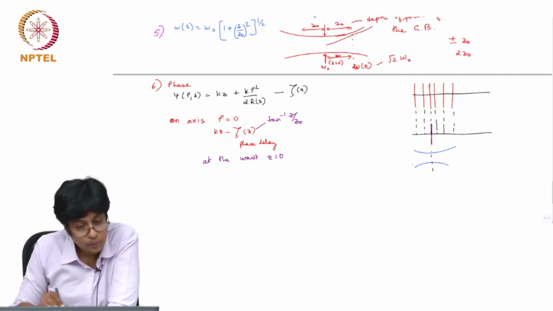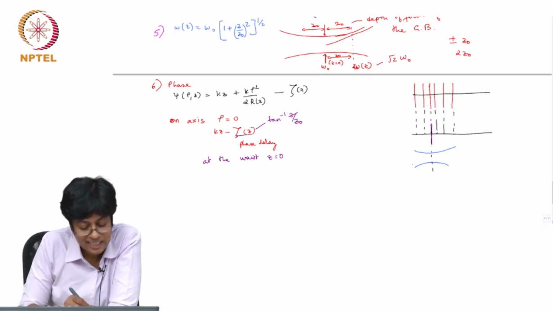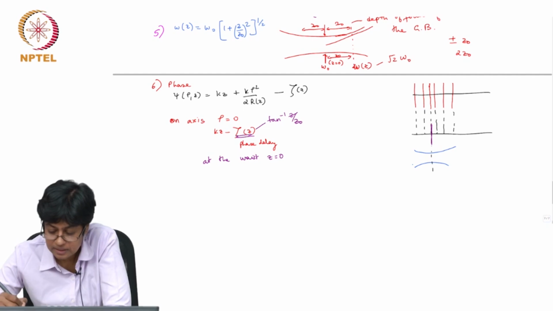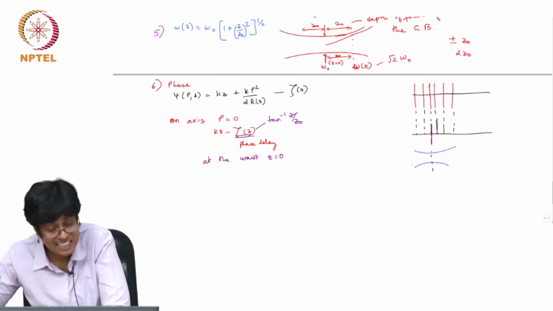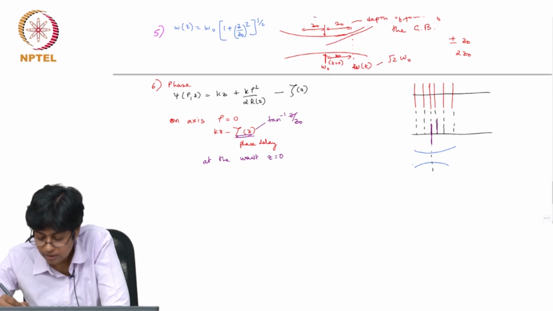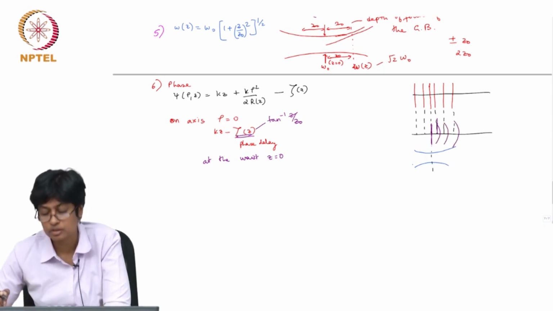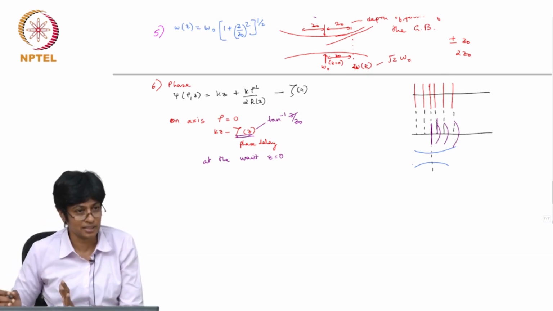But as the wave propagates, this delay goes on building. So if the plane wave existed here, the Gaussian beam is delayed, so its wave front is going to exist a little delayed. I'm exaggerating it, it's not so delayed, but it's a little delayed.